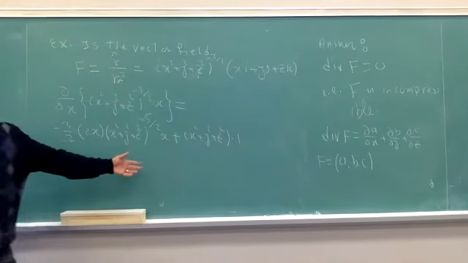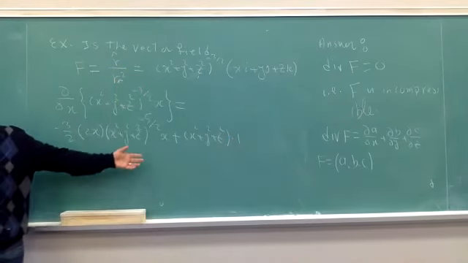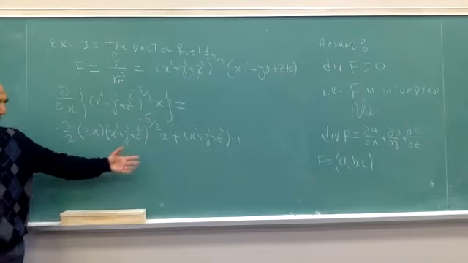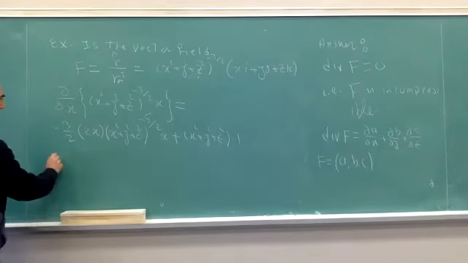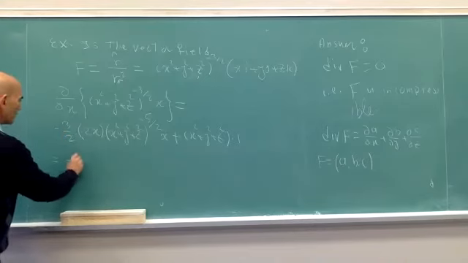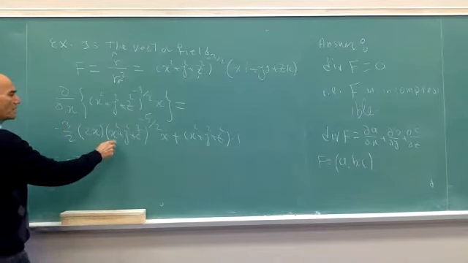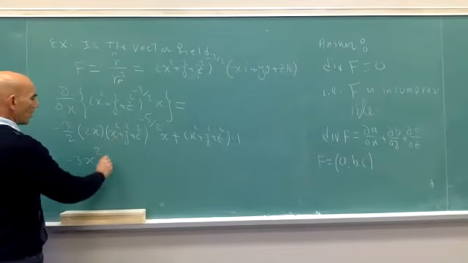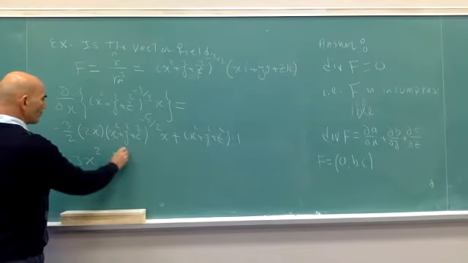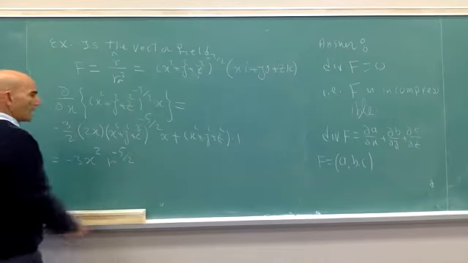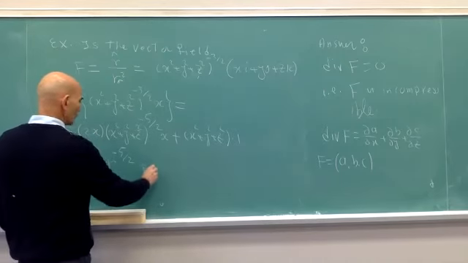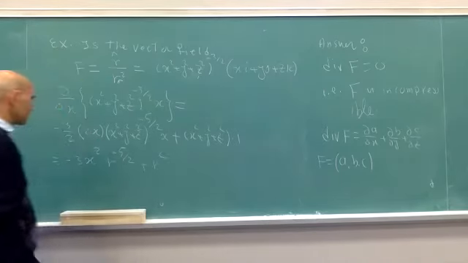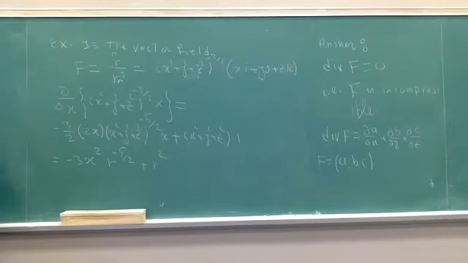I just used the product rule. The -3/2 cancels with the 2, giving -3x² r^(-5/2), plus r^(-3/2).